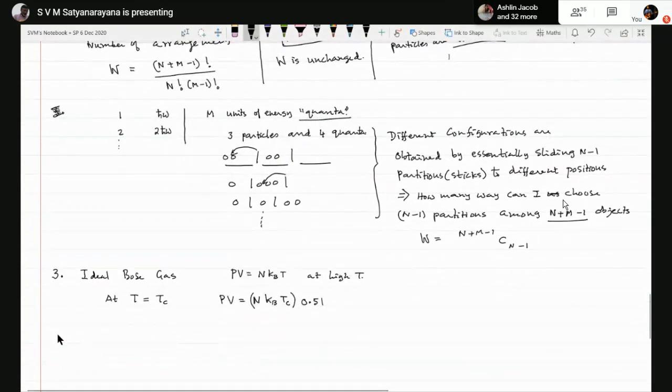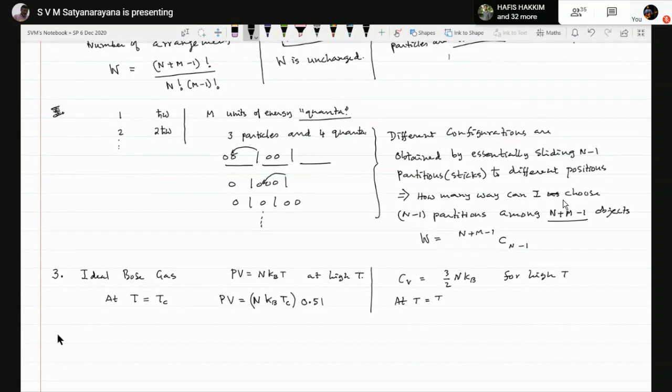Secondly, for specific heat, the specific heat Cv is equal to 3/2 n kB. This is for high temperatures. Now what happens at T equal to Tc?